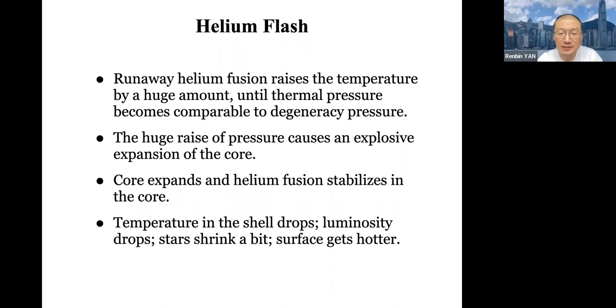And because the temperature is so high, it will cause the thermal pressure to rise very suddenly as well. The pressure gets so high that it will all of a sudden become much stronger than gravity, which will cause the core to expand.